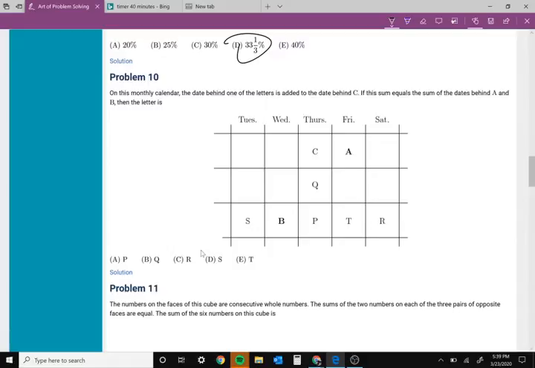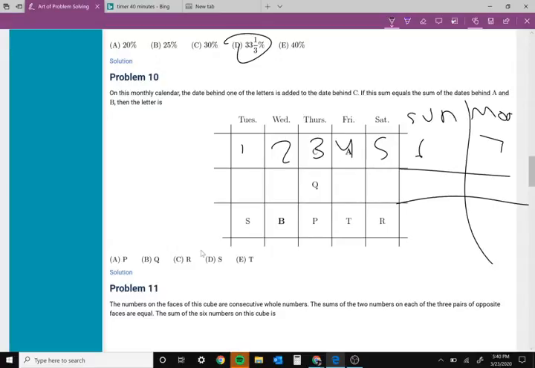Well, I mean, we can just assume that this is the 1st, the 2nd, the 3rd, the 4th, the 5th, and Sunday the 6th, Monday the 7th, right? And then 8, 9, 10, 11, 12.